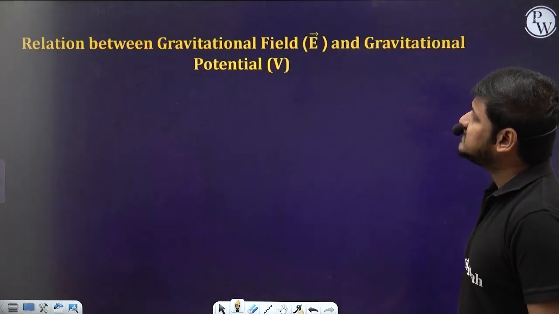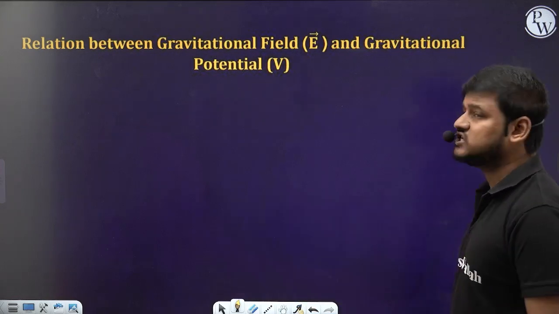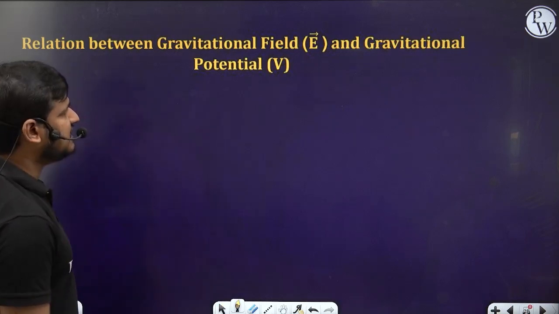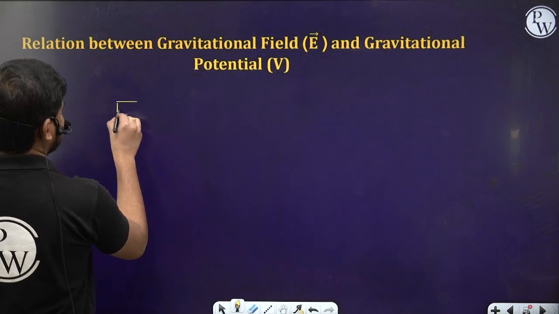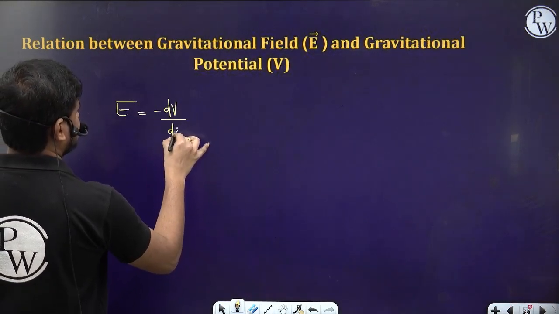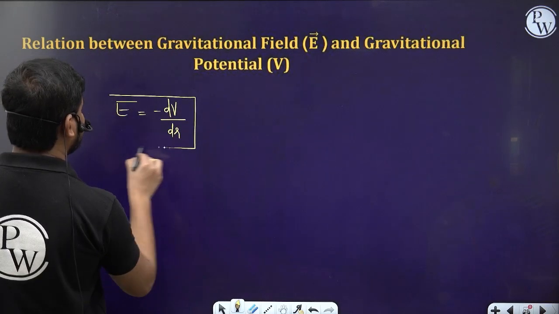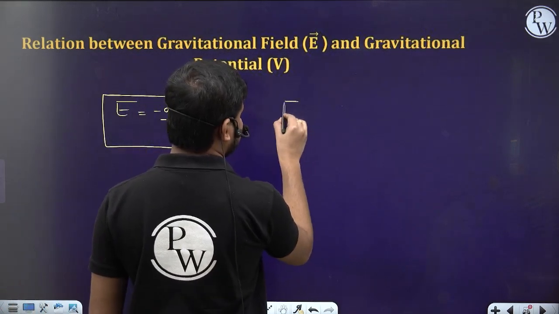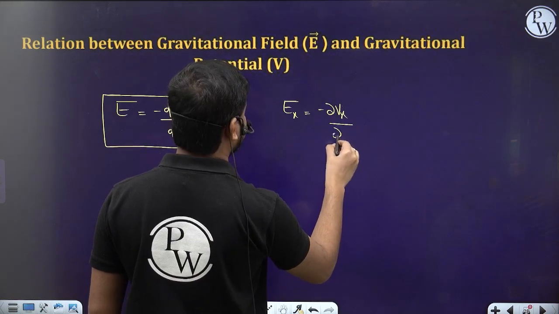Now, what is the relation between the gravitational field E and the gravitational potential V? E is equal to minus dV by dr. Remember this. If you want to find the gravitational field in the x direction, simply write minus dou Vx by dou x.